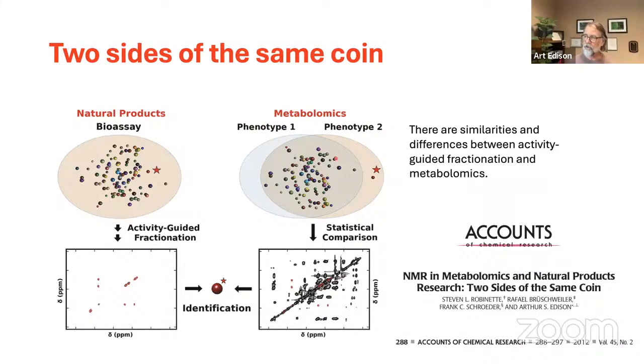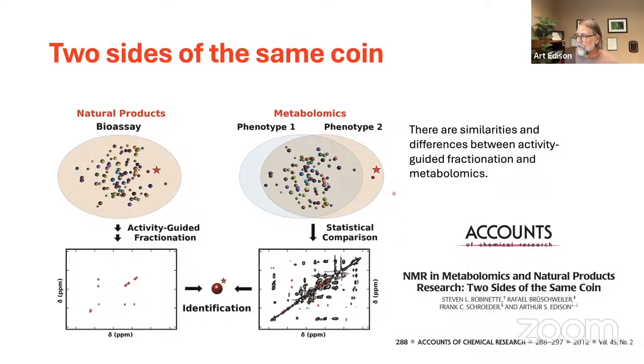And so whatever it is, metabolomics is trying to take a couple of different groups, do a statistical comparison between the groups, and then end up with a mixture of either NMR or mass spectrometry.